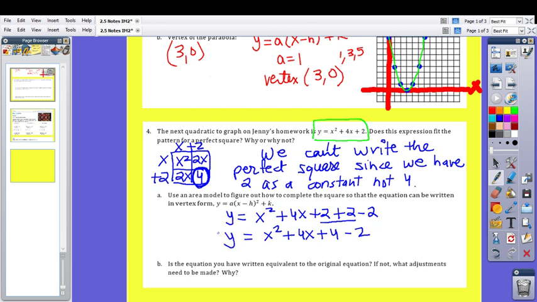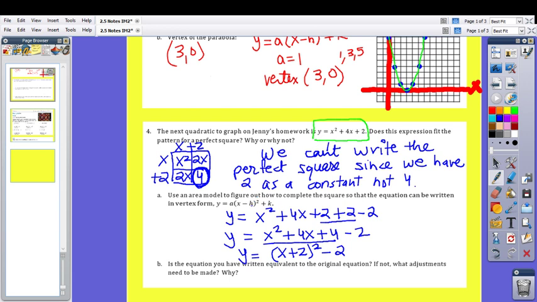Now this is nothing but this in area model: you have x squared, you have 2 and 2, so 4x, and you have 4. Instead of writing it as area, you can write it as the sides: (x plus 2) times (x plus 2), which is (x plus 2) squared, and then you have the take away 2 outside. So this is how you will write it in vertex form.